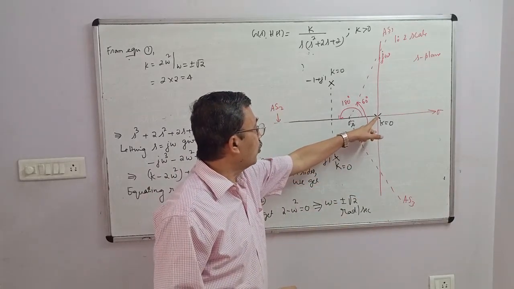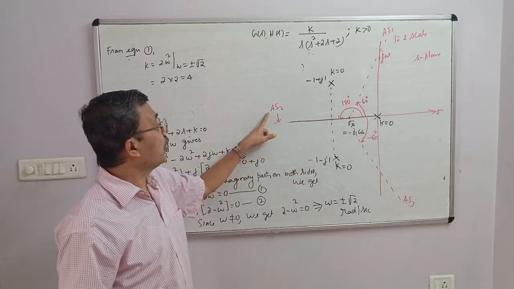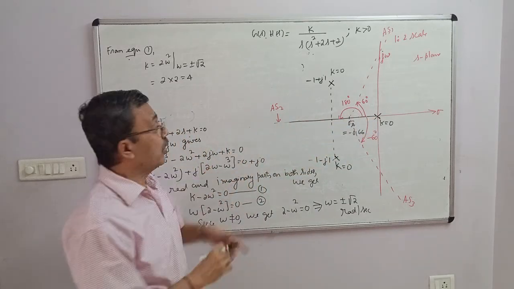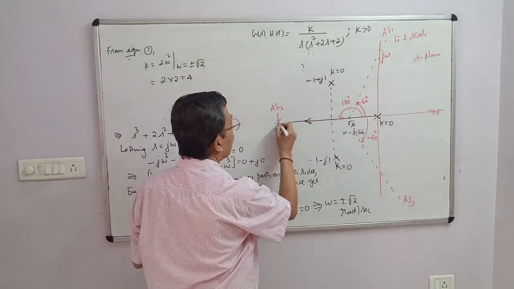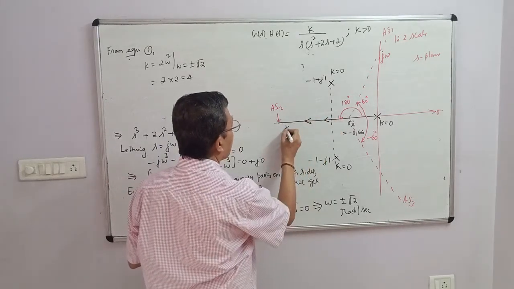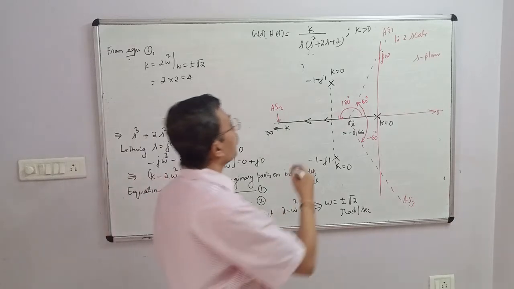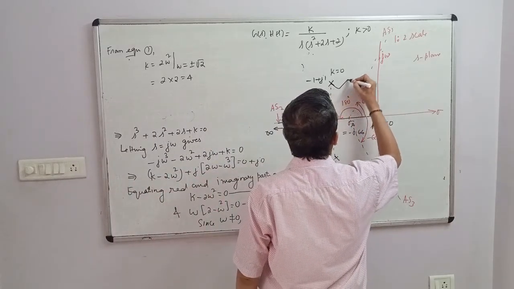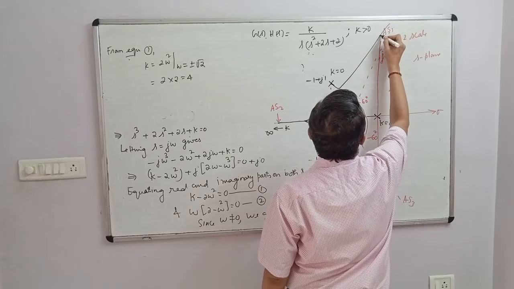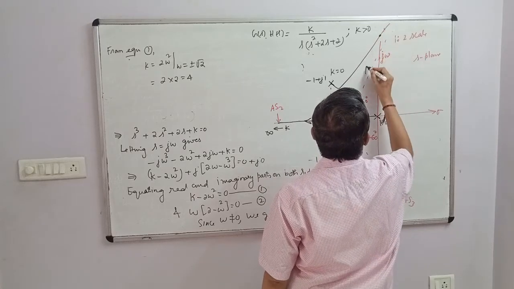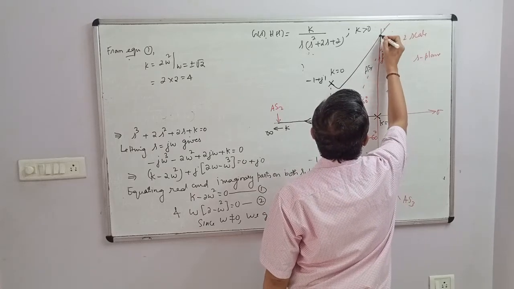This pole will go along asymptote AS2 to meet the zero at s equal to infinity. This is branch number 1, going towards the zero at s equal to infinity. This is branch number 2. This is asymptote 1, branch number 2.